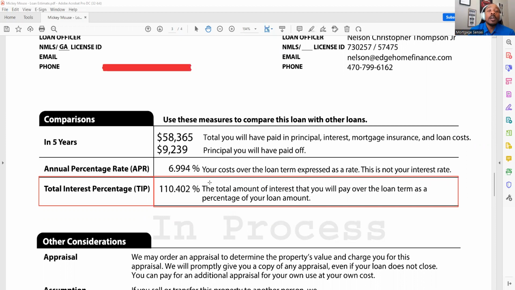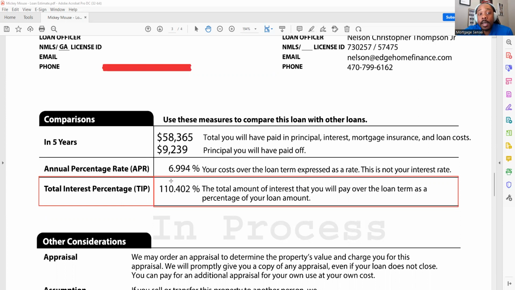So what they're saying is the amortization calculator is taking, okay, from month one to the last month of you making your 30-year mortgage payment, so 360 payments, okay? They're taking the interest portion of that payment and adding it all up, and then they're dividing that by your loan amount, and it's giving them a percentage.